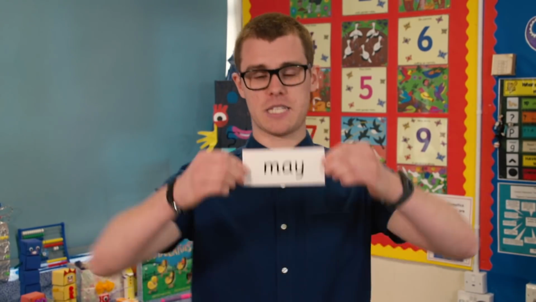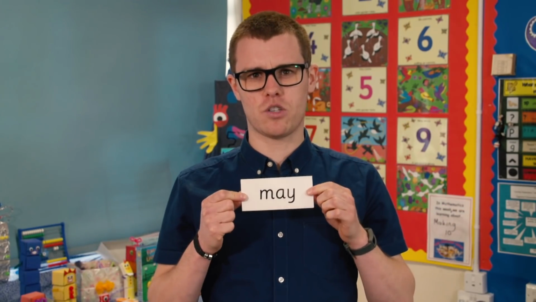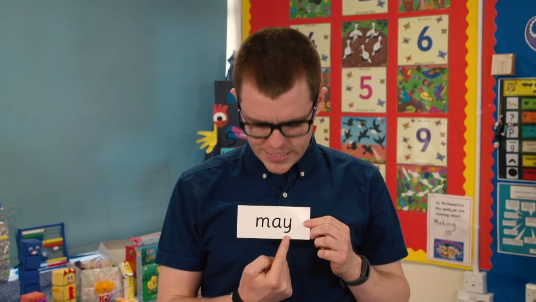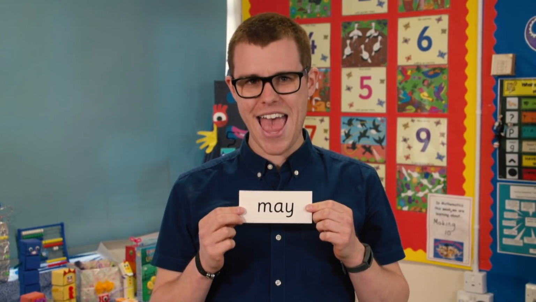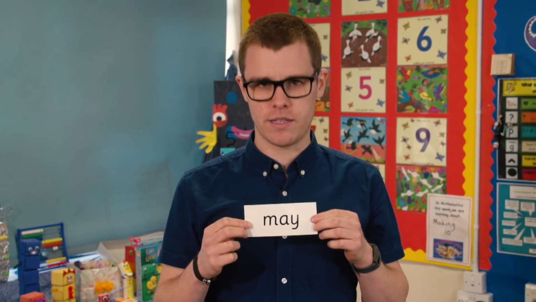I've got another word for you. This time my word is... Can you spot the digraph in this word, children? Brilliant! The digraph's here. It's at the end again. The digraph is A. OK, I want you to read each sound as I point.